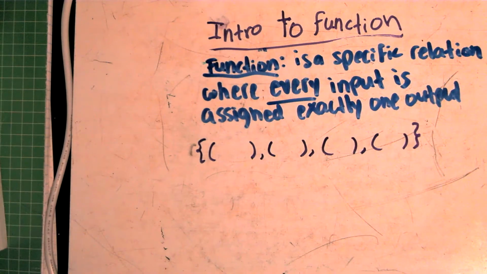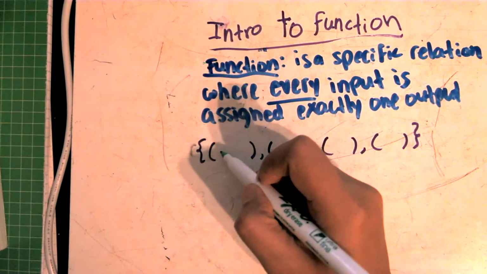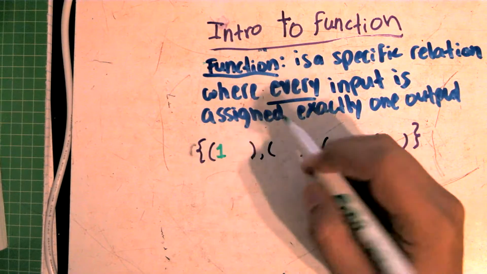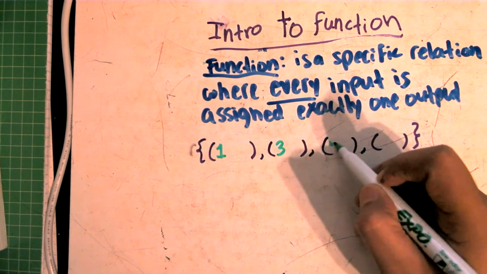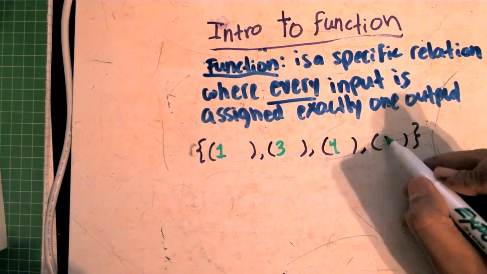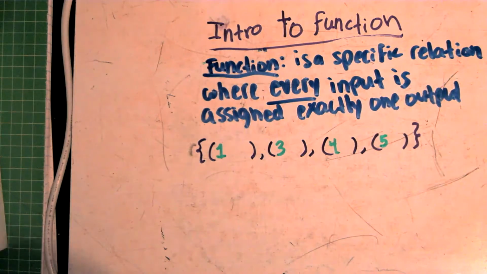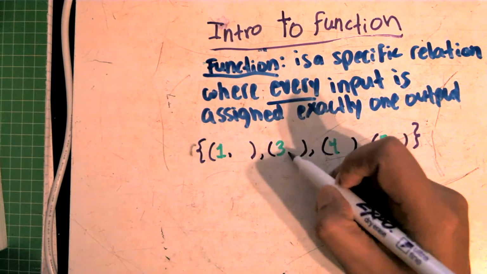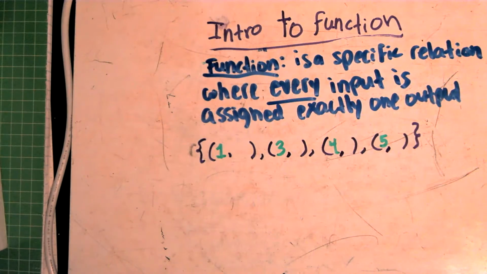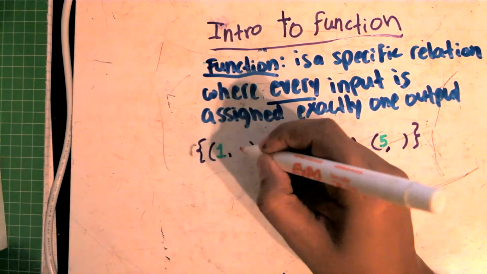Okay, and in an ordered pair, the first point is always an element of the domain. So in other words, your x. And the second point is your y.